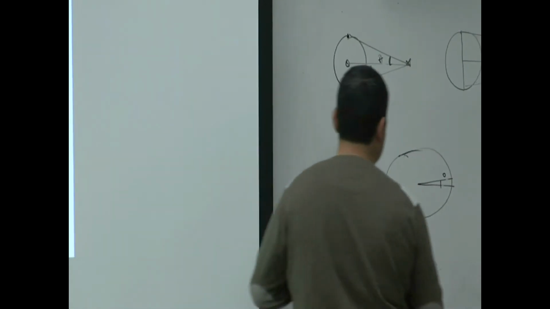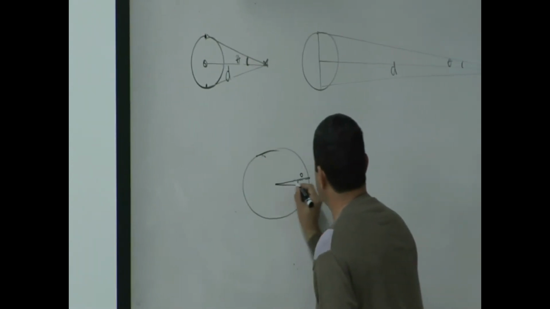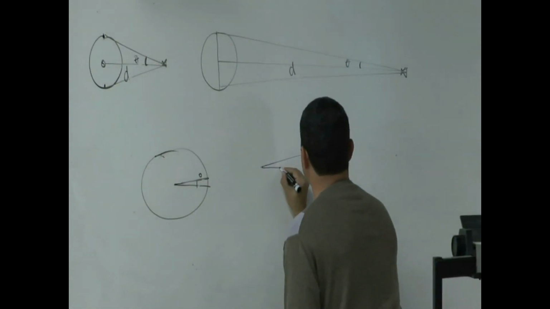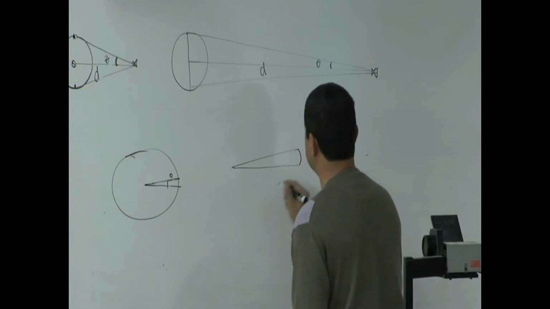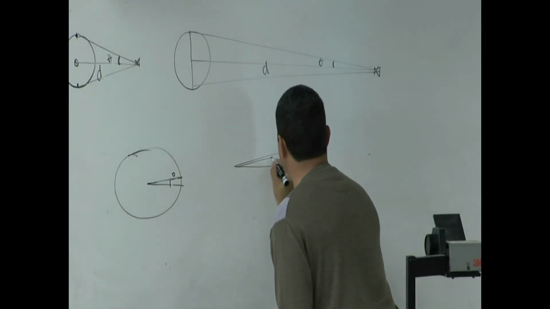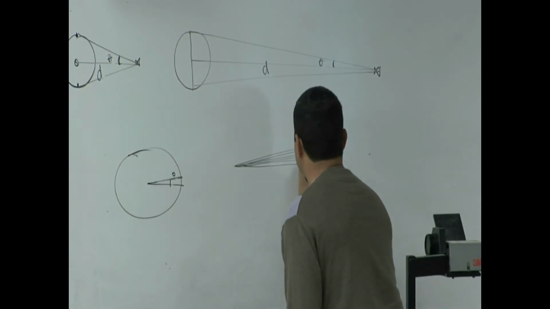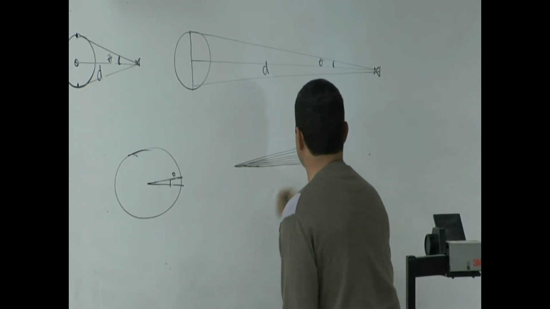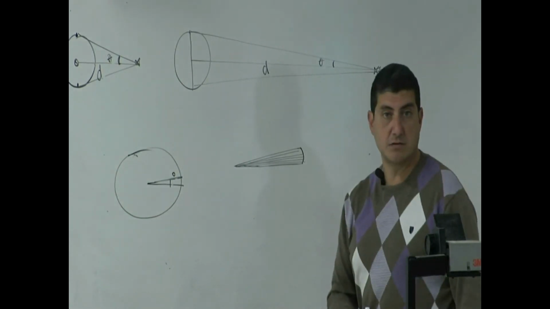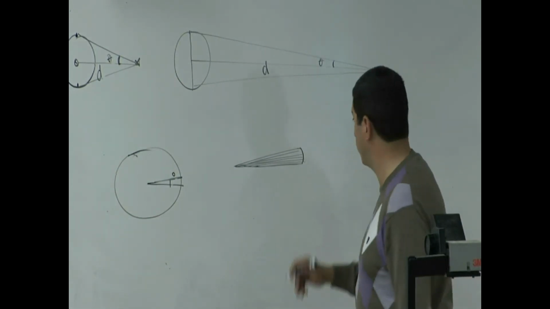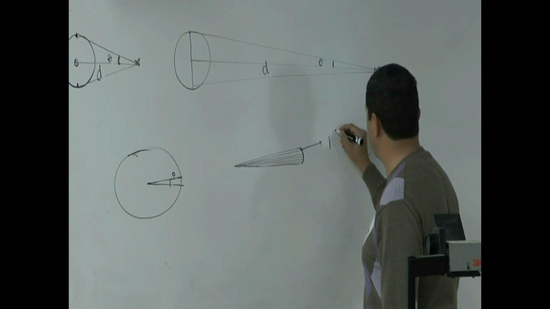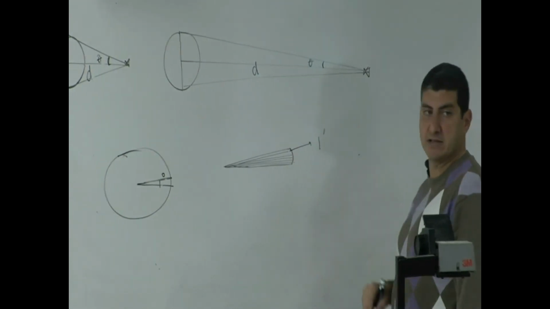So what would an arc minute look like? Imagine this is a degree. Taking that and breaking it into 60 equal parts. I wasn't able to draw it, but you could slice it up. Imagine slicing it up. That angle is 1 arc minute. And it's written like that, 1 arc minute.